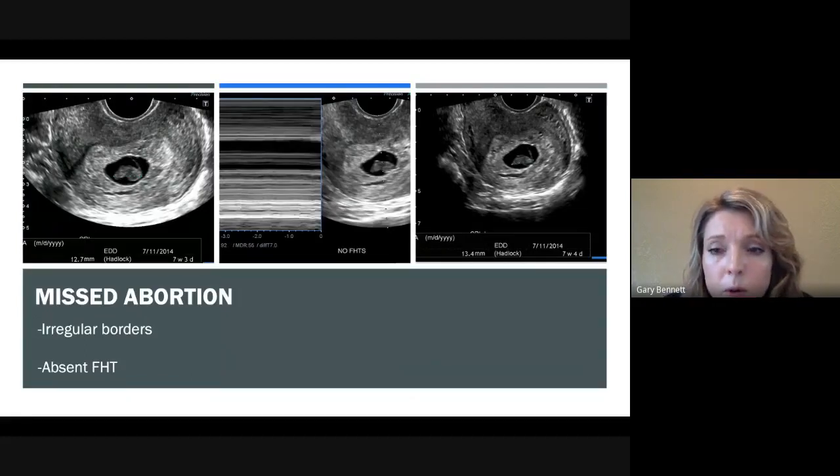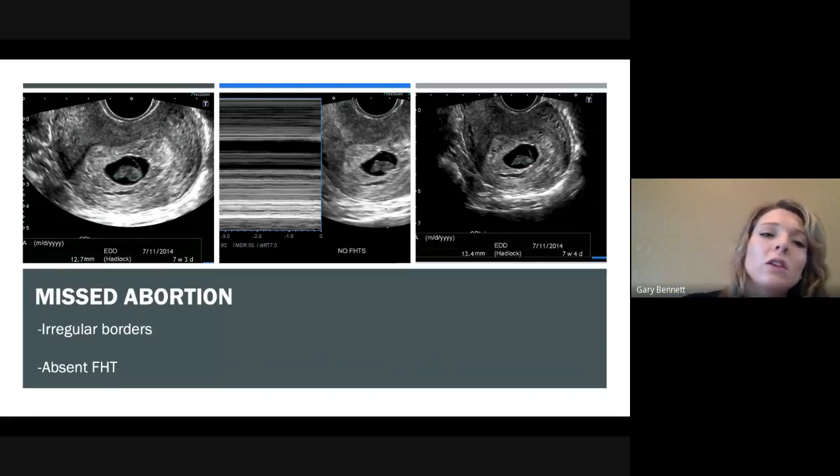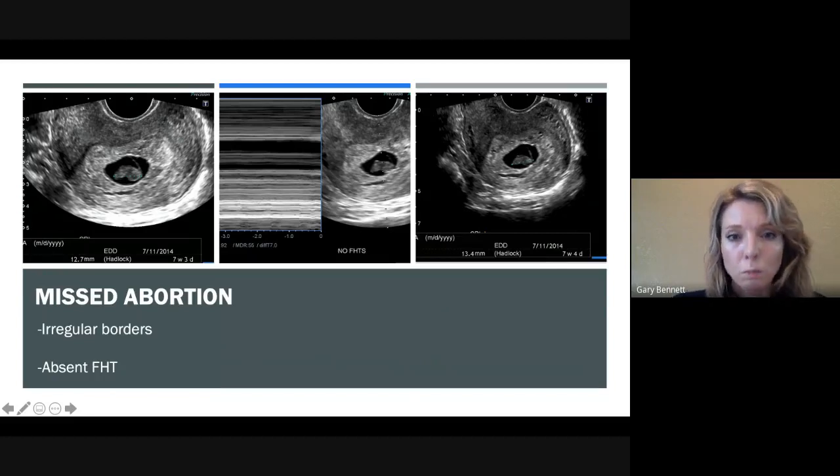So some more fetal demises here, or missed abortion. I talked before about the gestational sac looking a little bit irregular. Most of the time when you see that gestational sac, it will have nice, round, full borders, almost like a balloon that was blown up. It's not always a circle.